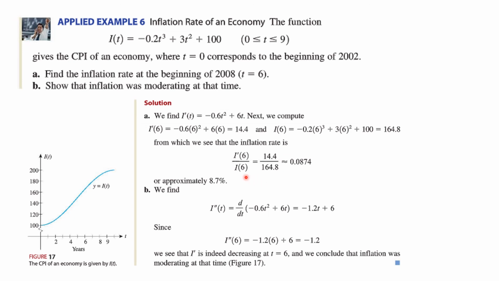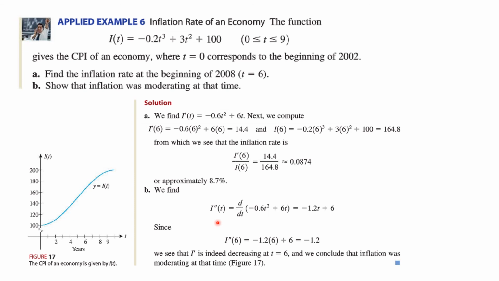But since we have a denominator here, we're going to plug 6 back into this function. Again, keeping track of where you're plugging things in is an important skill. So when I do this calculation, the rate of inflation is this amount, or approximately 8.7%. So now we're going to look at I double prime.